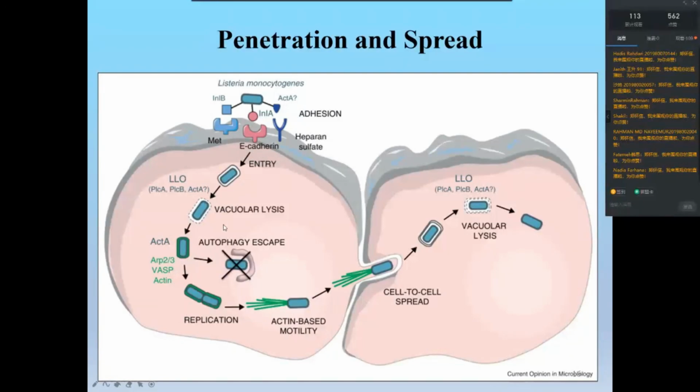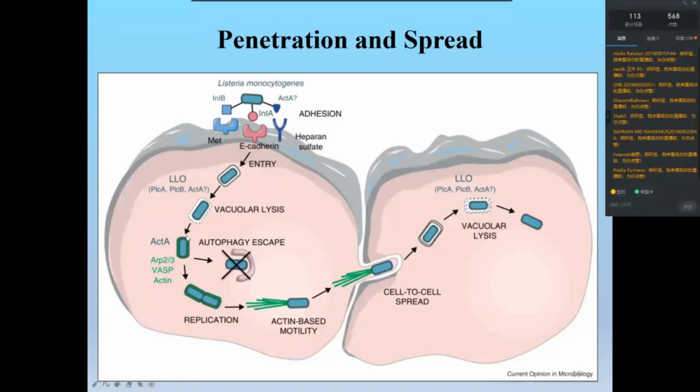Once they are inside the cell, they can take advantage of actin polymerization. We know that when you learn cell biology, actin forms the cytoskeleton of our cell. And the actin filament is a dynamic filament. It grows from one end and degrades from the other end.